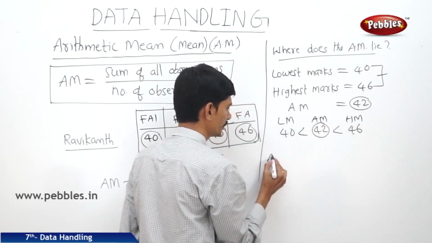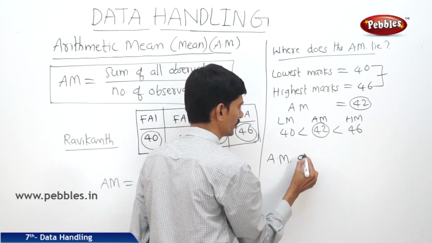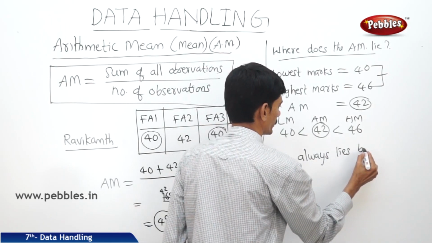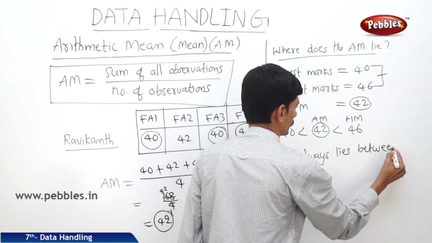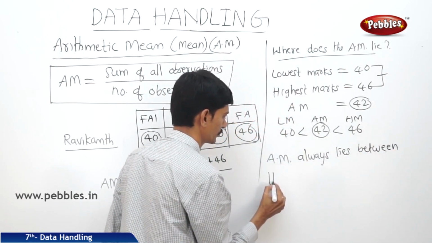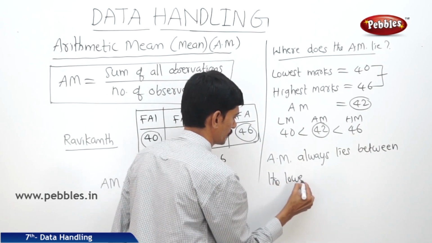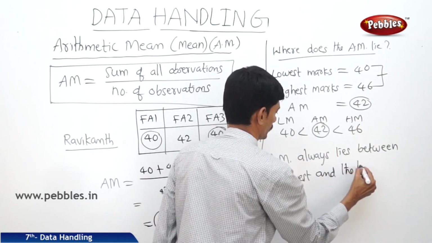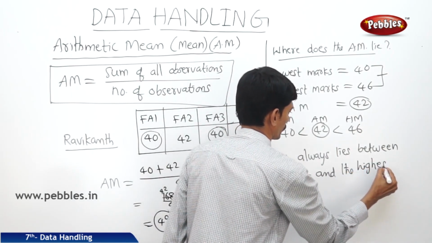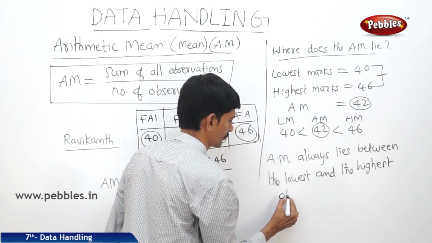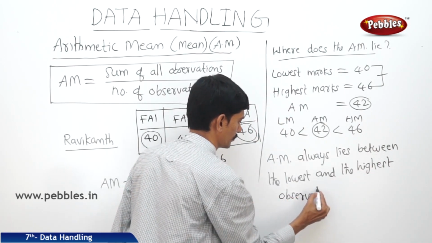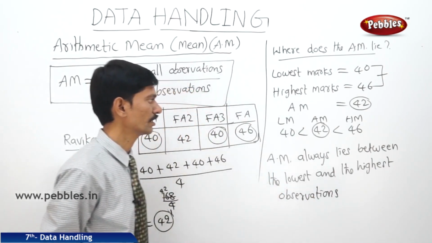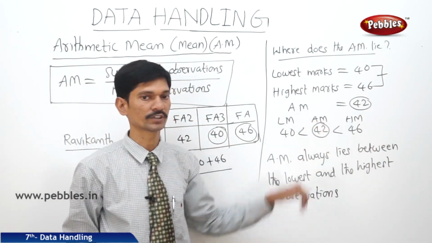So the arithmetic mean always lies between the lowest and the highest observations.